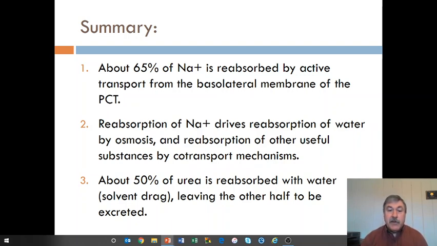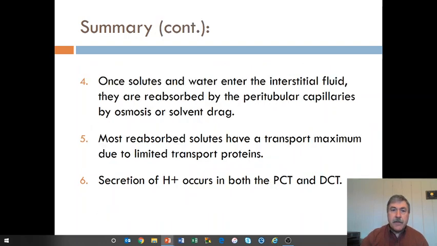Also, about 50% of the urea, which is a waste, is reabsorbed with water by way of solvent drag. That's via the paracellular route, leaving the other half to be excreted, and that 50% of the urea in the filtrate that's excreted is usually low enough to maintain safe levels of urea in the blood.